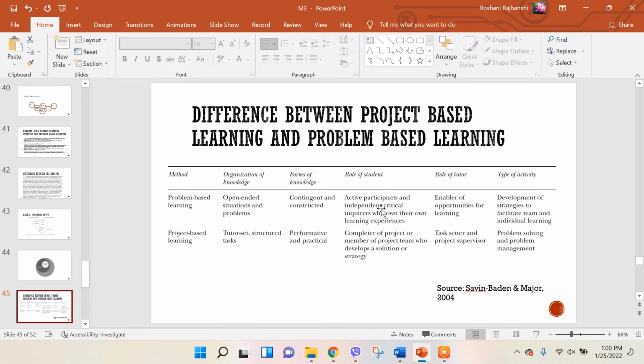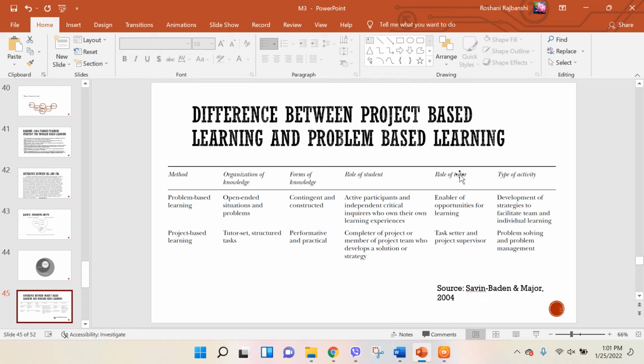What is the role of the student? In problem-based learning, the role of the student is active participation and independent critical inquirers who own their own learning experience. And in project-based learning, the role of the student is completer of the project, or a member of a project team who develops a solution or strategy. What is the role of the tutor?